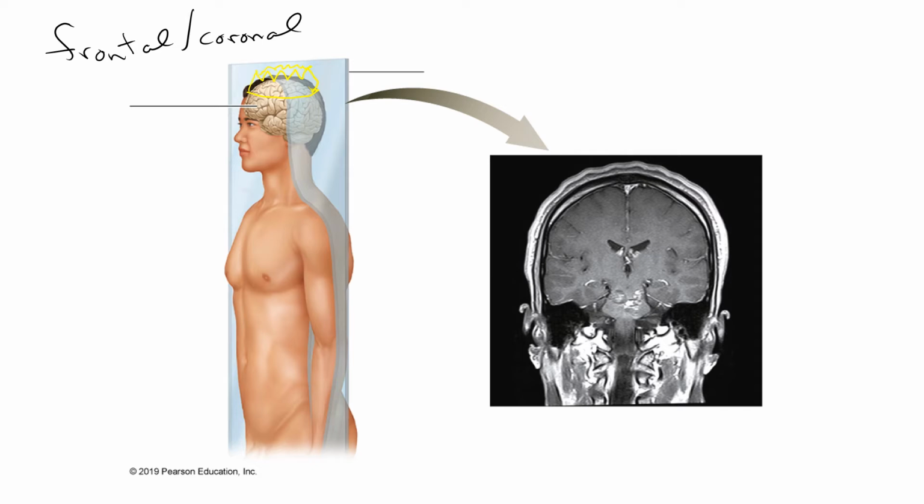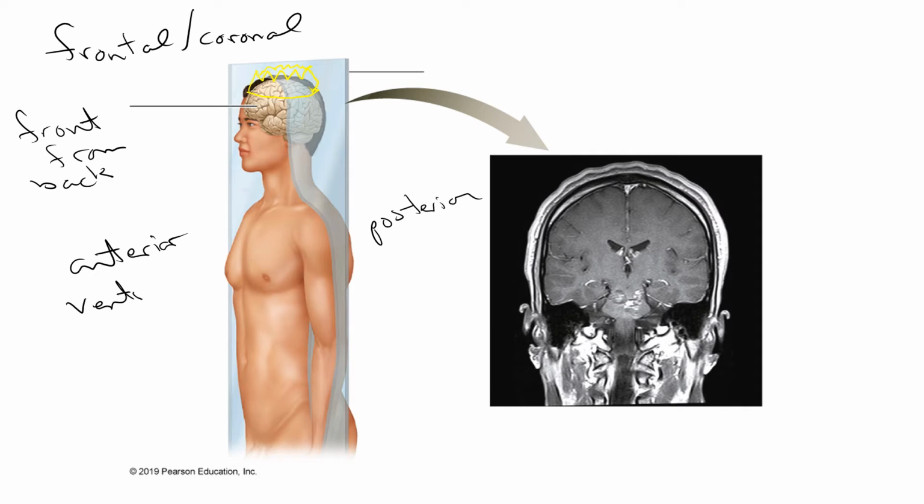So the coronal section, or frontal section, divides front from back, or anterior from posterior, or ventral from dorsal.